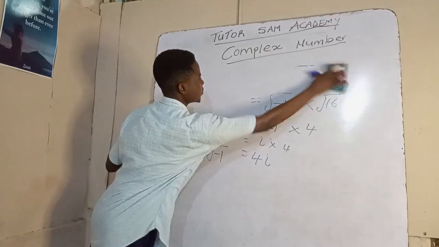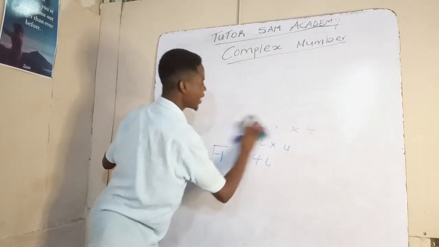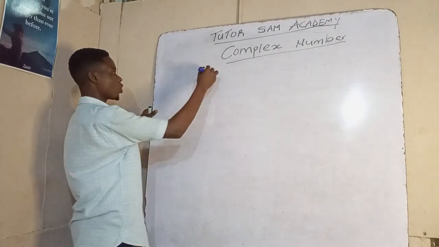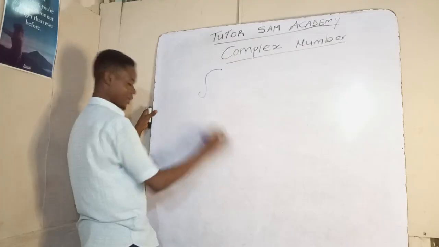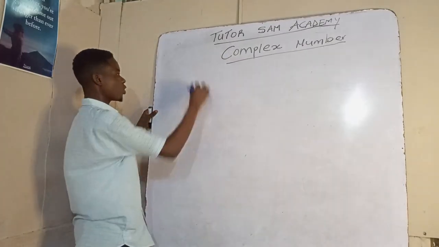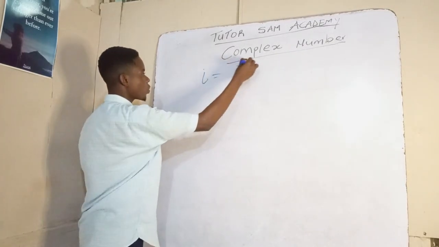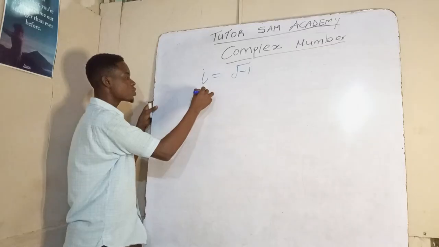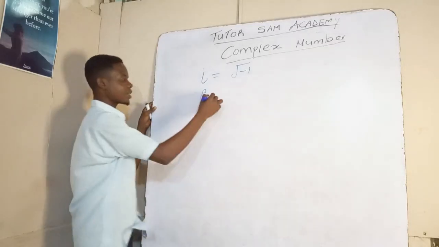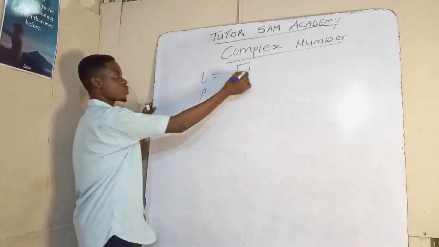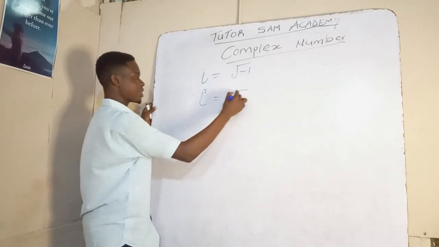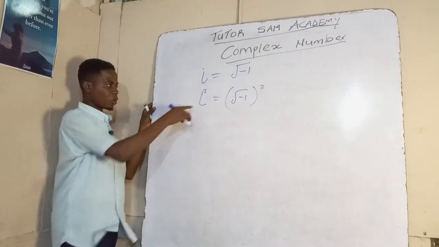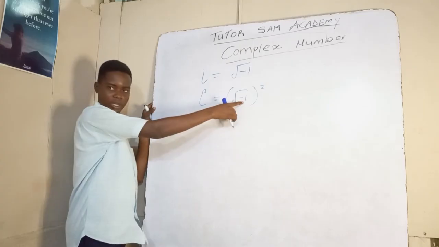We have all come to a point where we said i is equal to square root of minus 1. Now, if we have i square, we can also say, since i is square root of minus 1, this is the same thing as square root of minus 1 all squared, because i is the same thing as square root of minus 1, right?